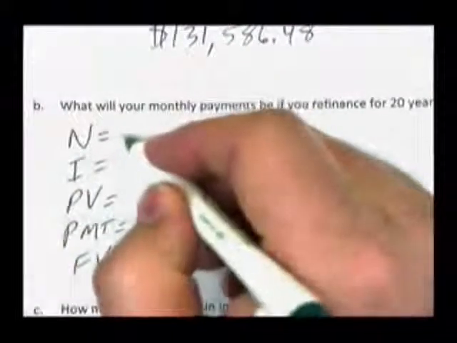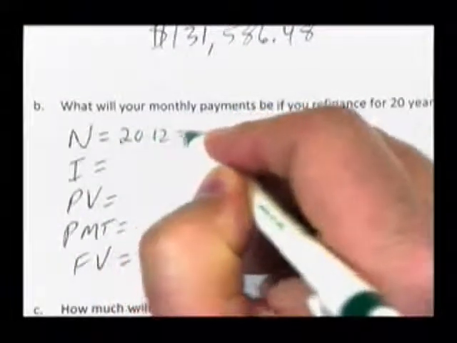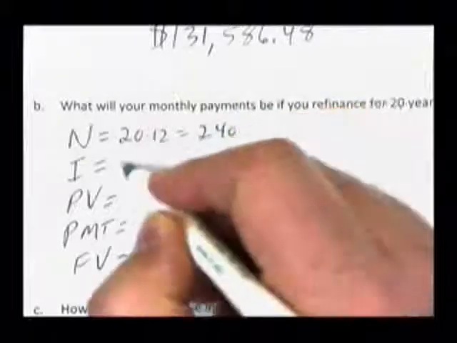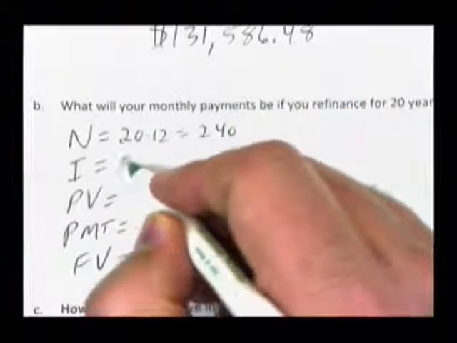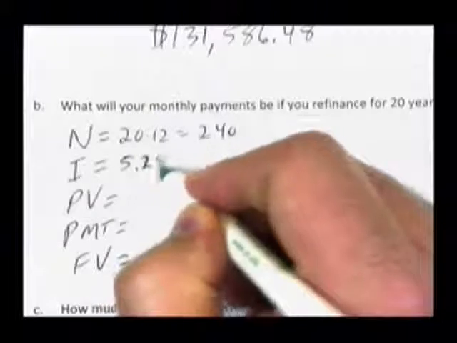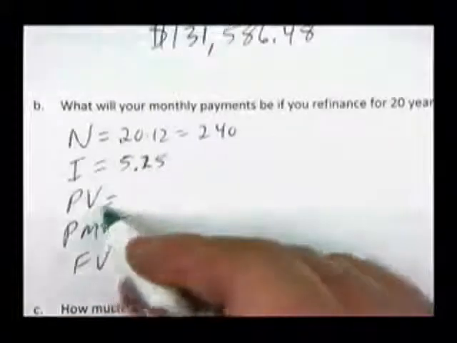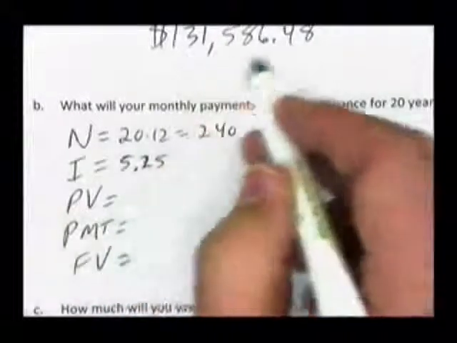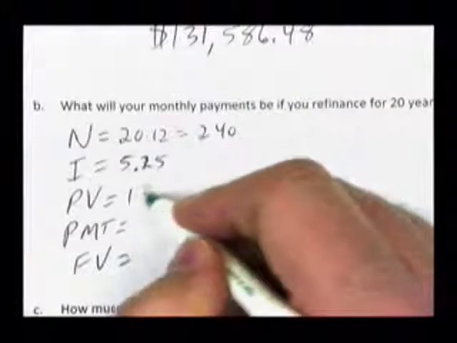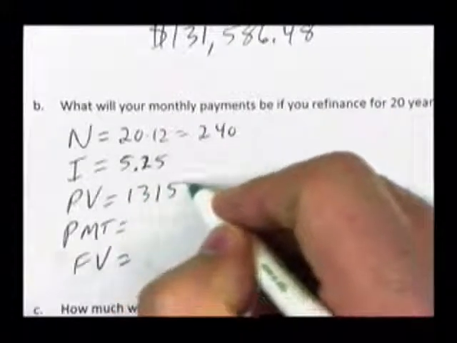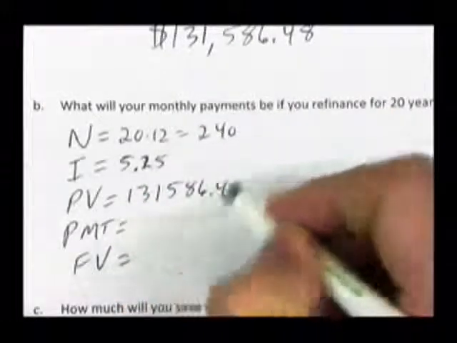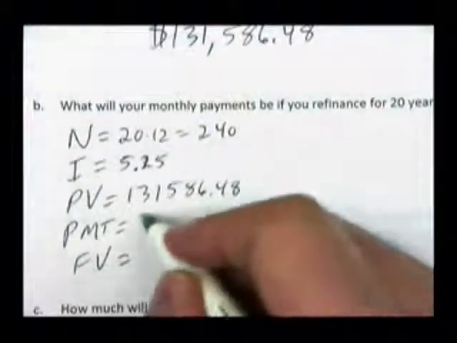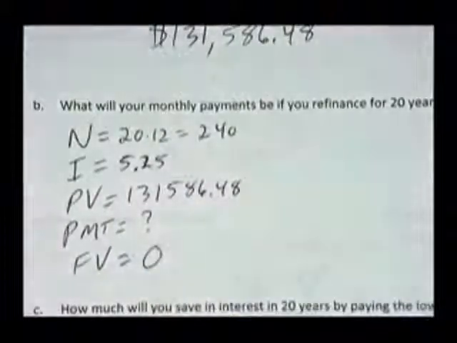My number now is going to be 20 years times 12, or 240. My interest rate is now dropping to 5.25%. My present value is now this value up here. I now owe $131,586.48.